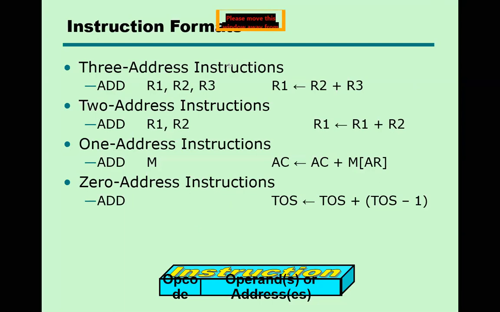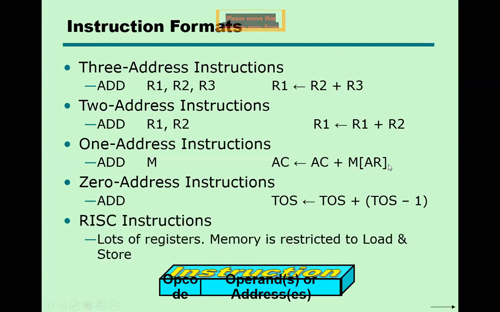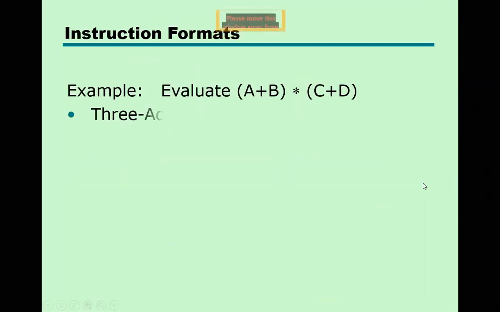Now suppose we consider one instruction where you want to perform addition and multiplication operations by using these different types of instruction formats. This is the example we have considered.